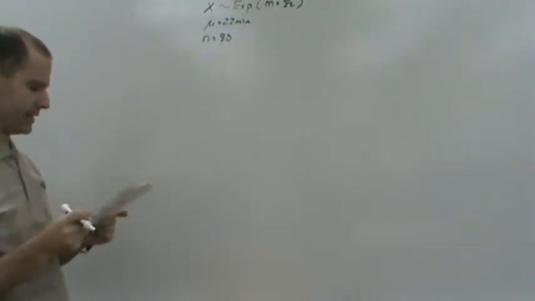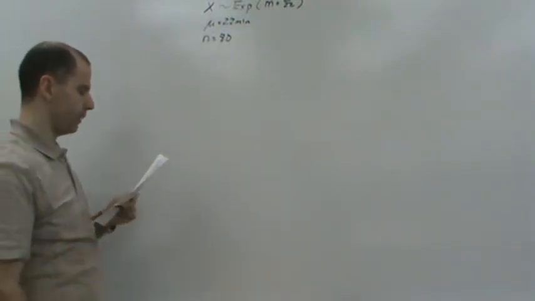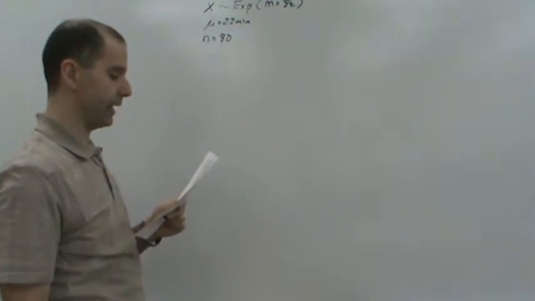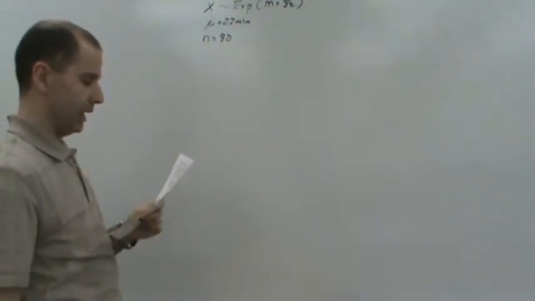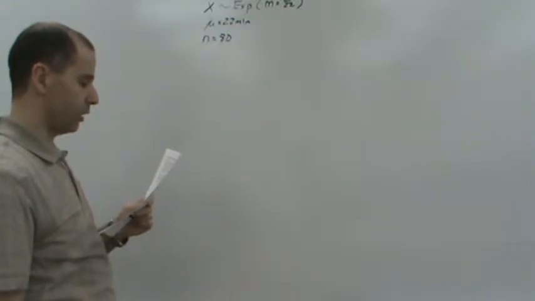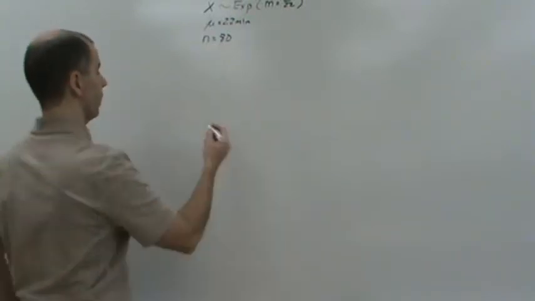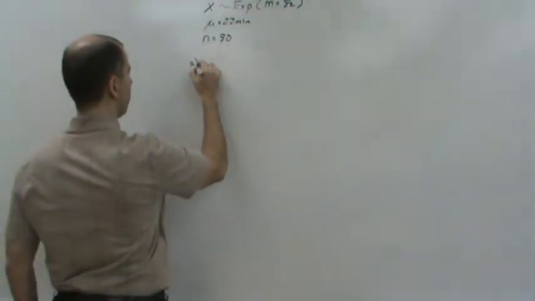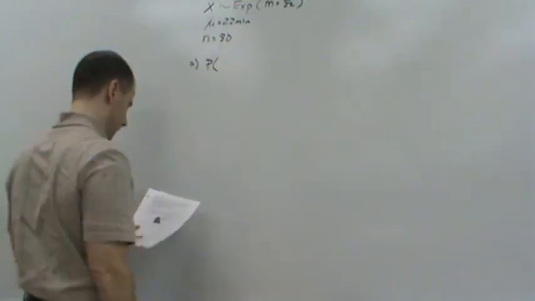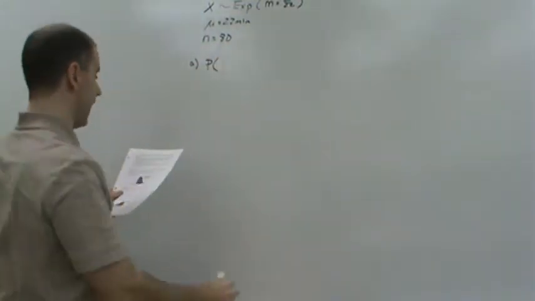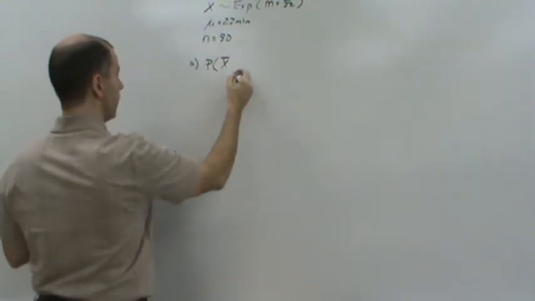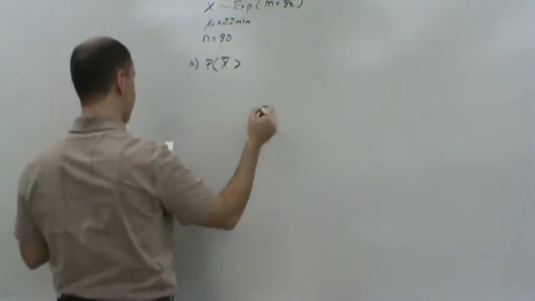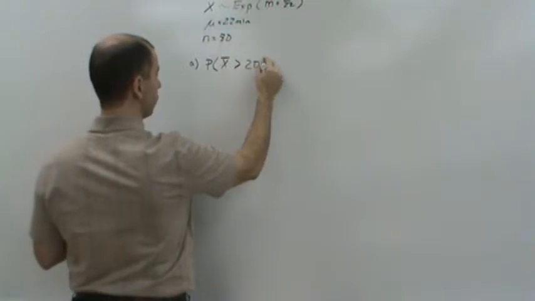Now A says, find the probability that the average or mean excess time used by the 80 customers in the sample is longer than 20 minutes. So we want the probability that the average time for these 80 customers, X bar, is longer than 20 minutes.